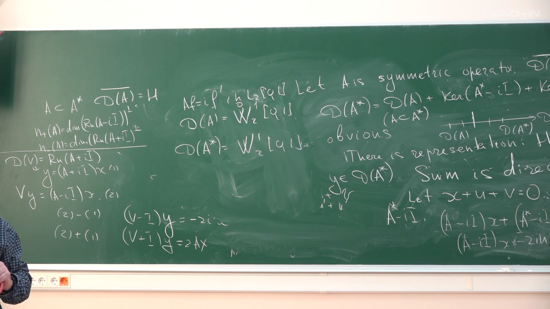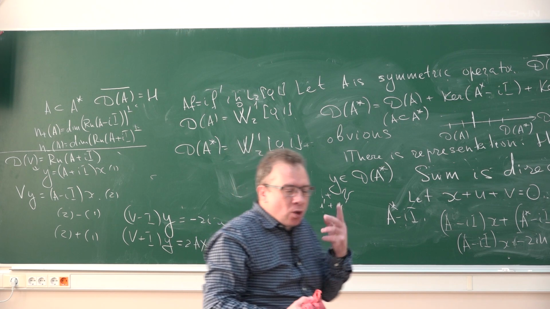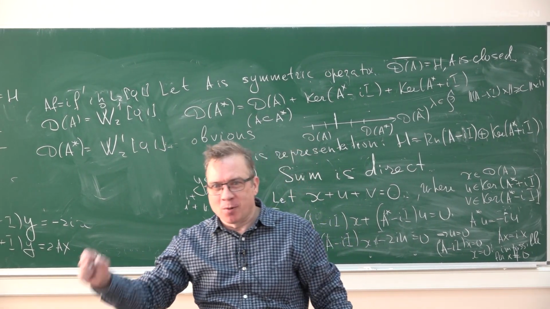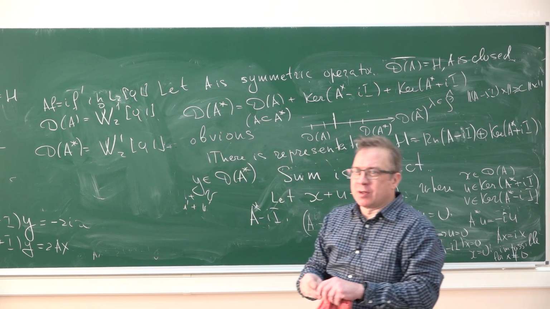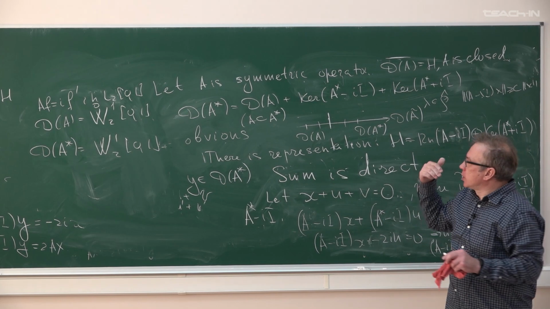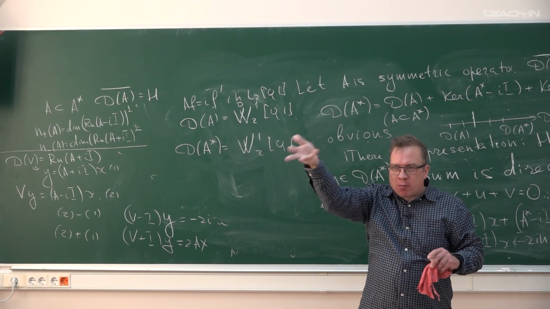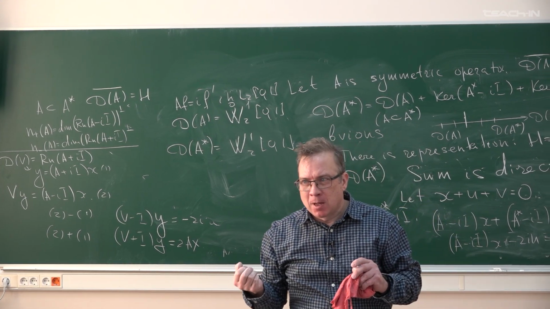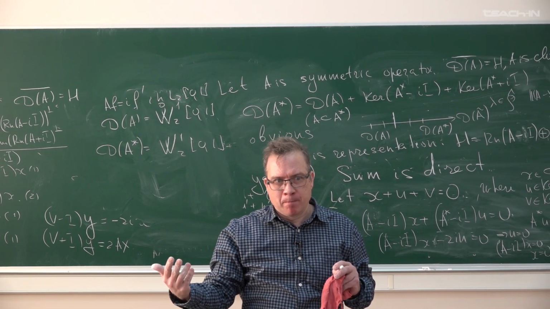So we need to prove the dimensions of these two. And we know the one-to-one correspondence between symmetric operators and isometry operators. It's a short idea. You take a symmetric operator. By Cayley transform, you construct an isometry operator. And we know the defect indices of these operators.